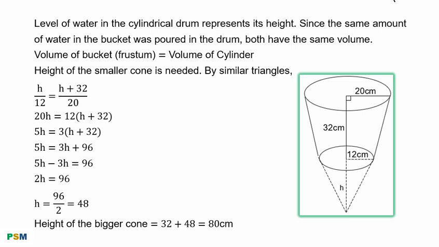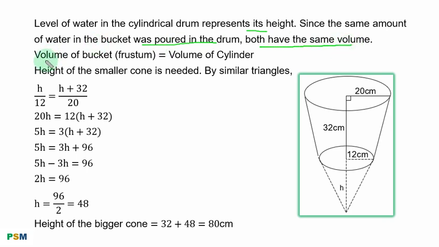The solution continues. Level of water in the drum represents its height. Since the same amount of water in the bucket was poured in the drum, both have the same volume.